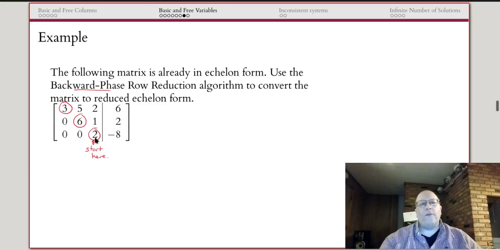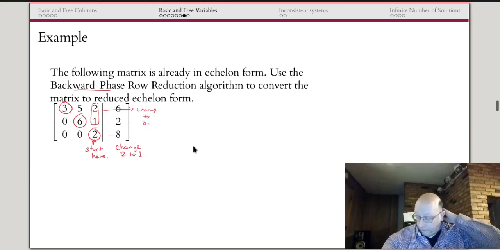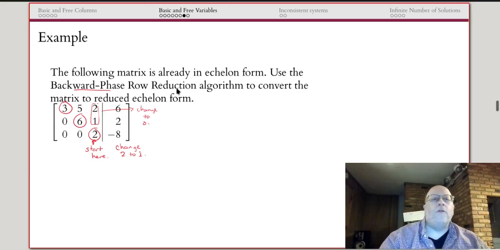So what we need to do is change this 2 to a 1, and we also need to change these entries to 0. So let's try a couple of things.